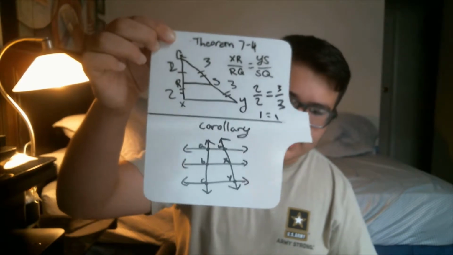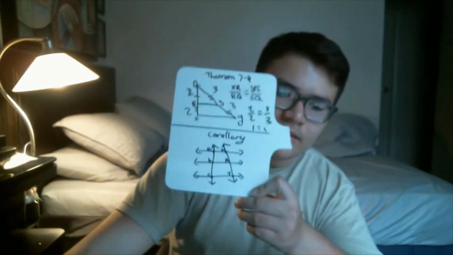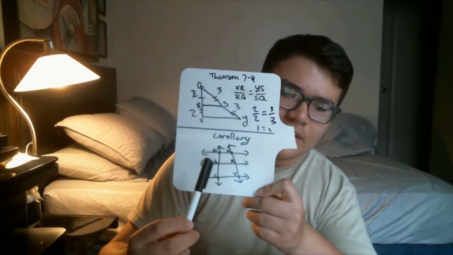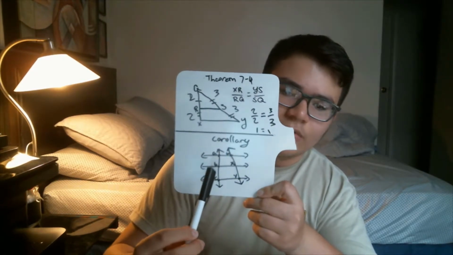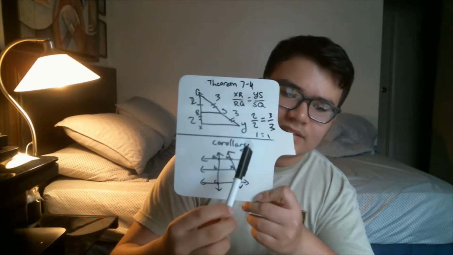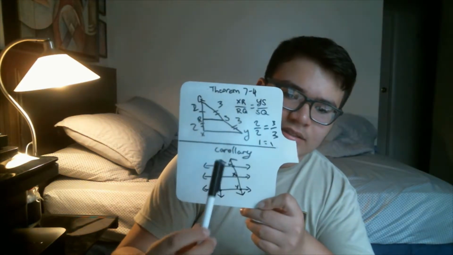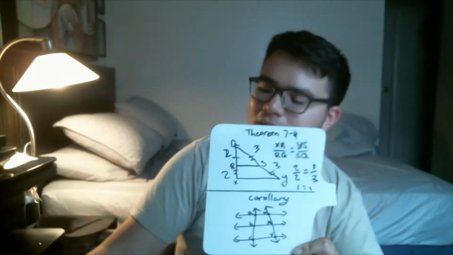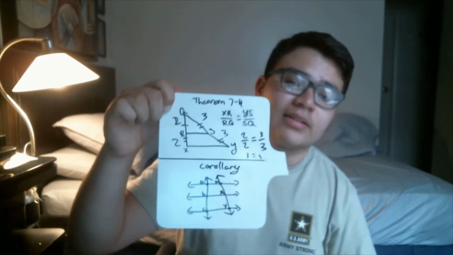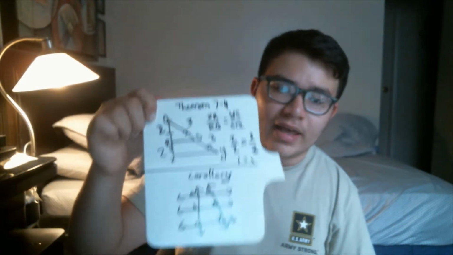And the corollary states that the length from AB over the length of BC is the same ratio as the length of WX over XY.